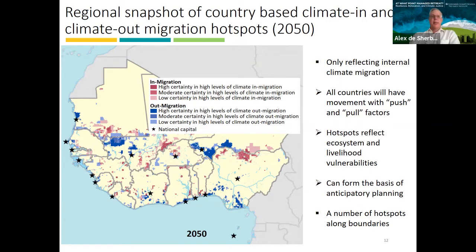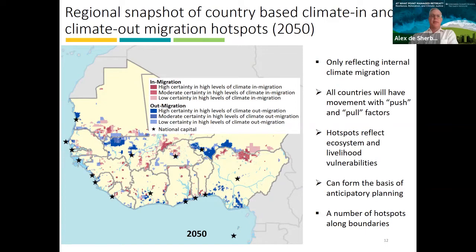So these tend to be more densely populated places in the first place. The red areas are in migration hotspots potentially, and the blue areas are out migration hotspots. And what you see is there is a lot of potential out migration going to occur along the coast in Nigeria, Senegal, and Ghana, and some other areas, Abidjan as well.